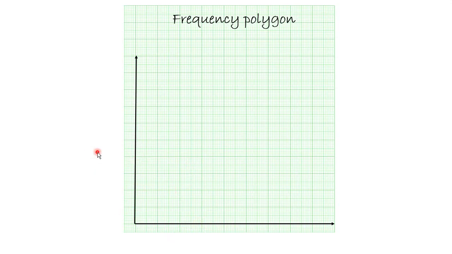After that, we know that we are plotting a frequency polygon, so we shall be having frequency against class mark or mid-mark. So we shall have here our frequency, and then down here we shall have the class mark.